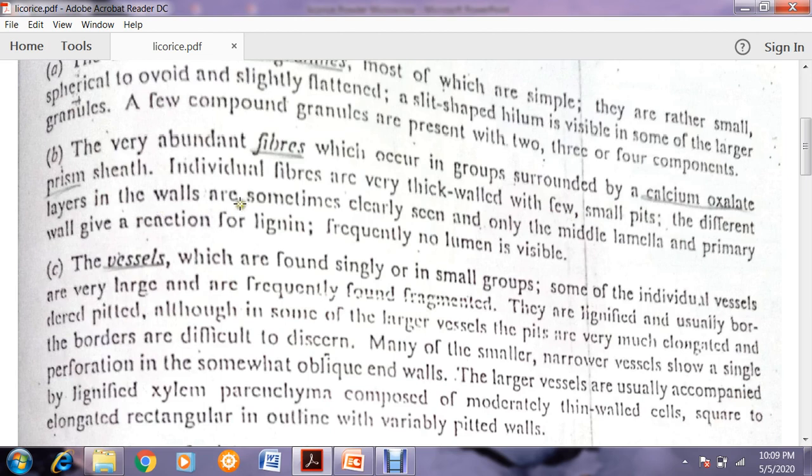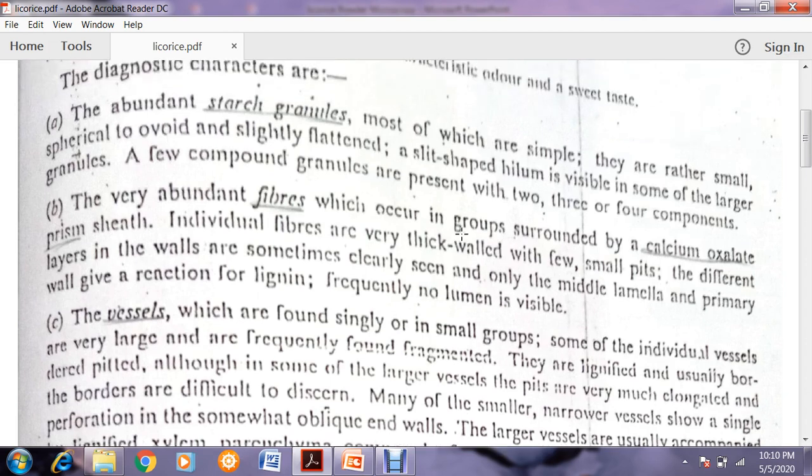The different layers in the walls are sometimes clearly seen, and only the middle lamella and primary wall give a reaction for lignin. Frequently, no lumen is visible. So what you have to remember, the diagnostic features of Glycyrrhiza glabra are the starch granules, then fibers.